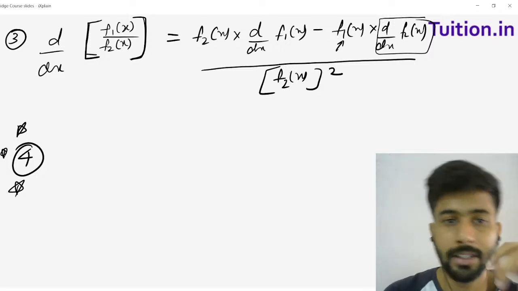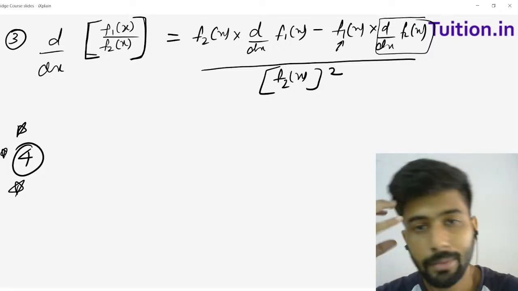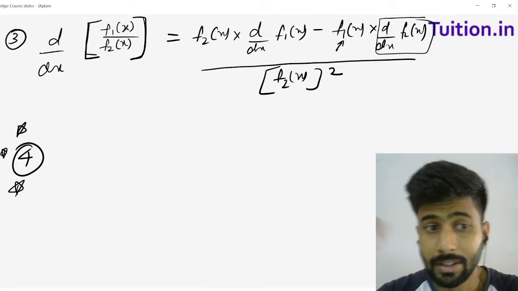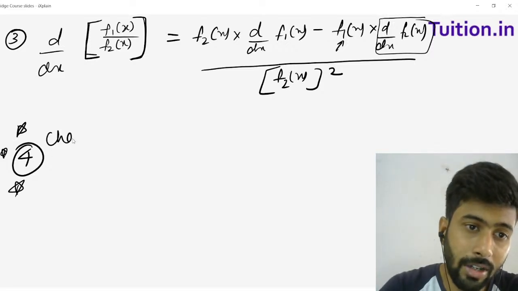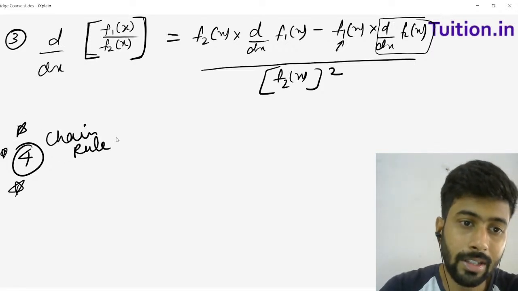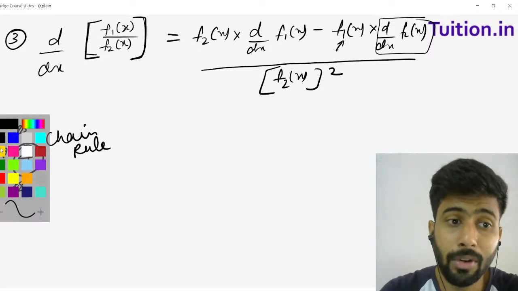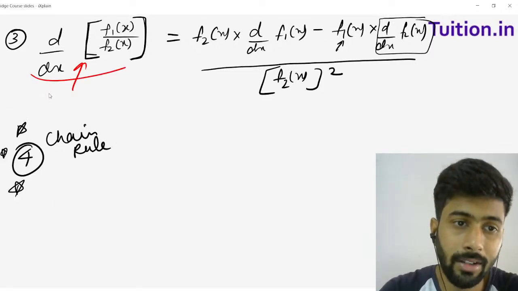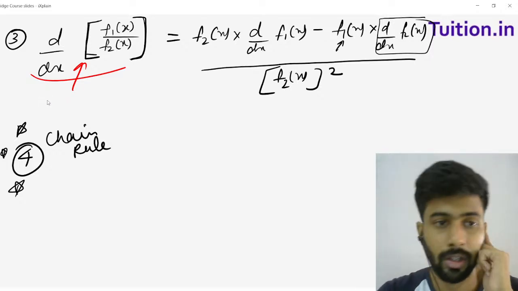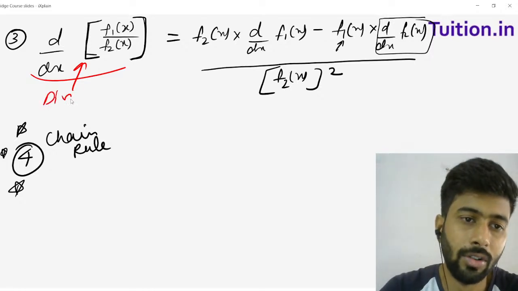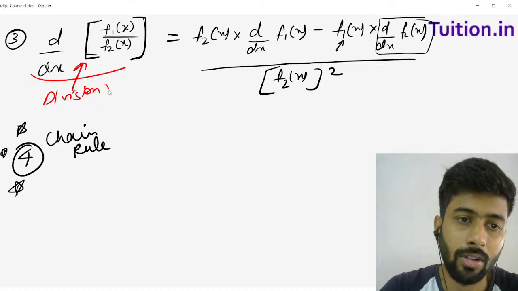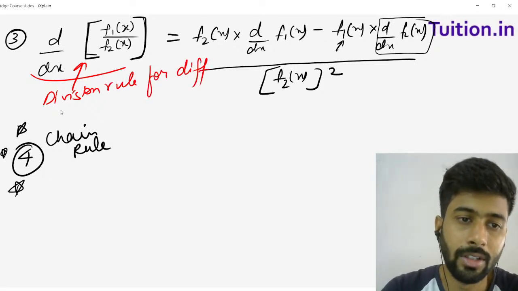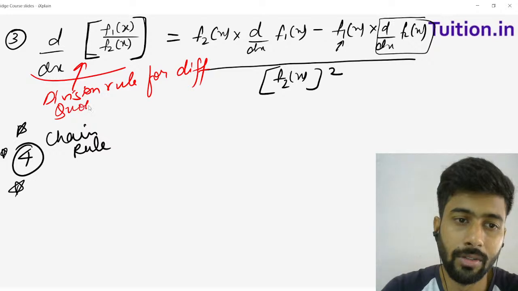my brain has been able to identify that yes, this fourth law, which is known as the chain rule, is used in more number of problems than the others. By the way, this is called the division rule, or you can say quotient rule.